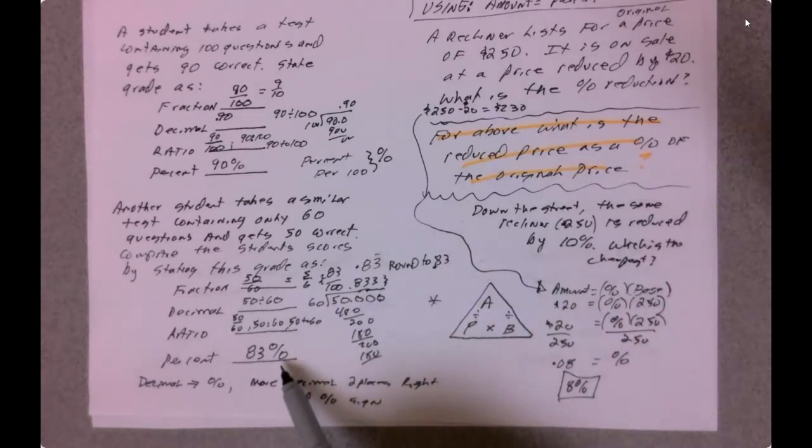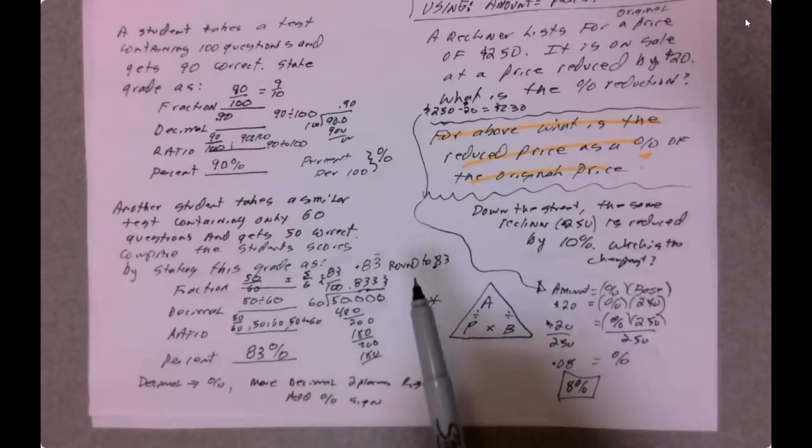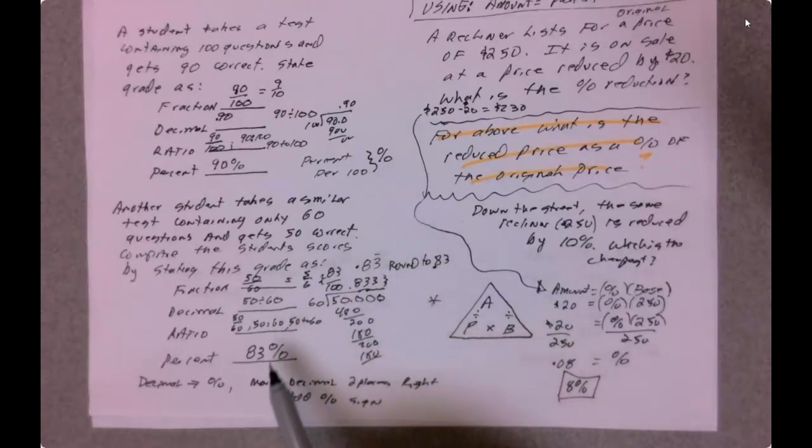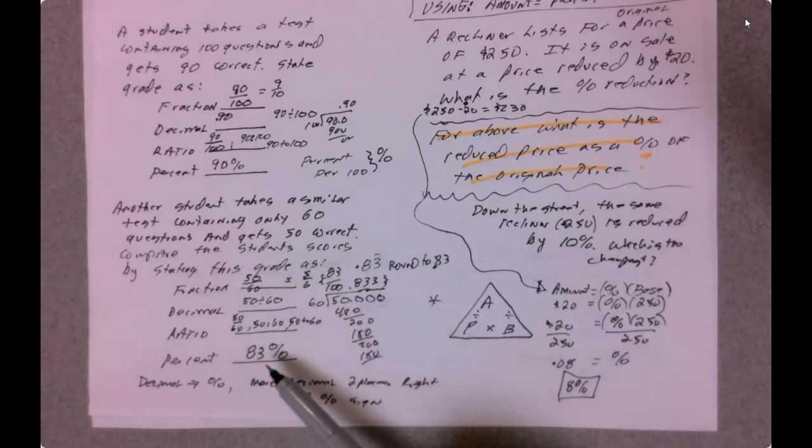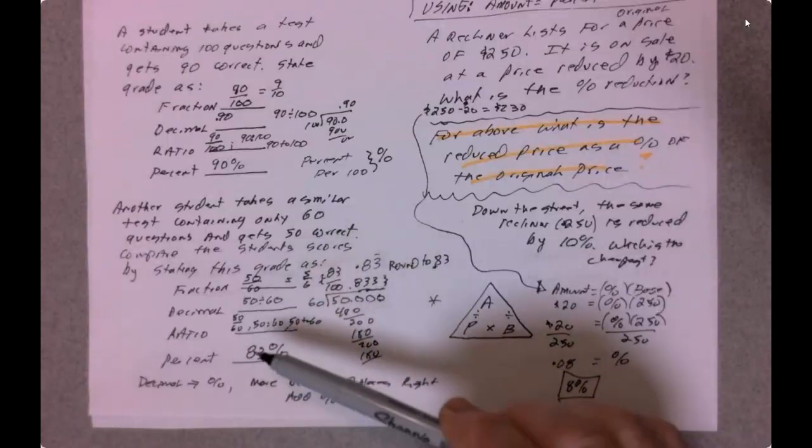Now, we're going to talk a little bit about methodology in a moment, but when you have fractions to decimals, decimals to fractions, decimals to percents, percents to decimals, we need some methodology for doing those calculations. But you can see right off that we do have a method here.